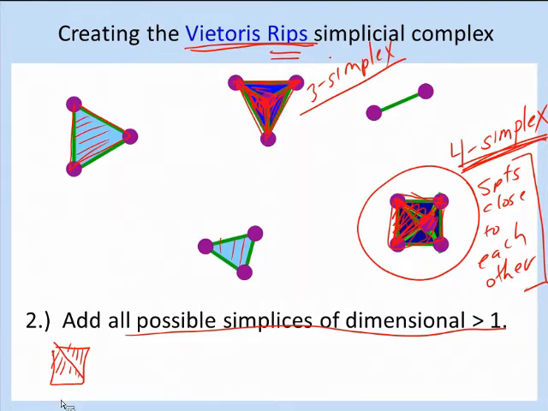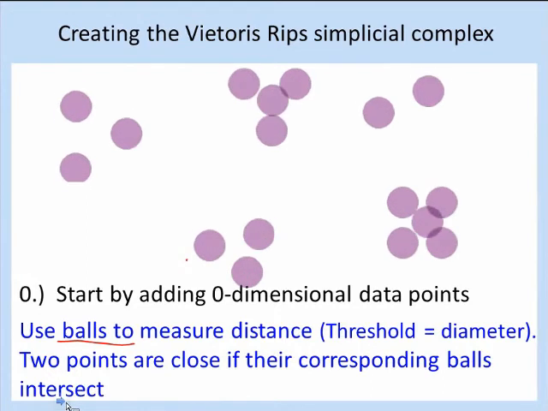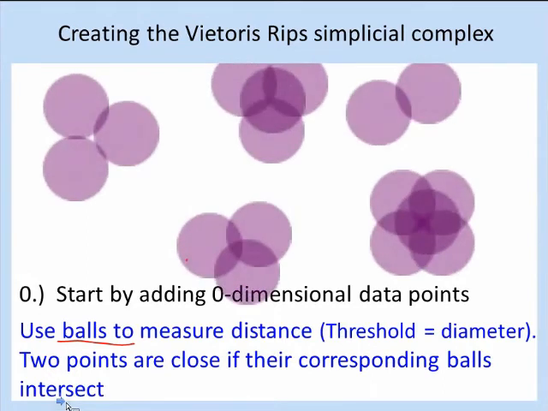We also have to decide what our distance is. We can actually use balls to measure our distance. So if I increase these vertices to become balls, well, if now my two balls intersect, if my radius is half the threshold, then if two of my points are within that threshold, these balls will intersect, and so I can determine when to draw edges based upon whether or not the balls intersect.